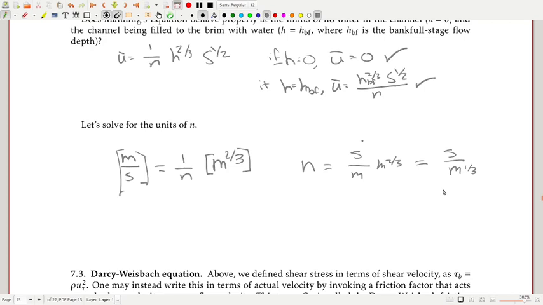So there's been some work to try to generalize Manning's equation and to try to also come up with other and better ways to characterize the roughness and the flow velocity profile. And some of those are what we're going to discuss next.